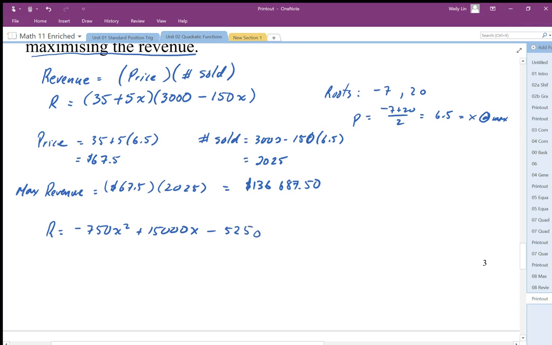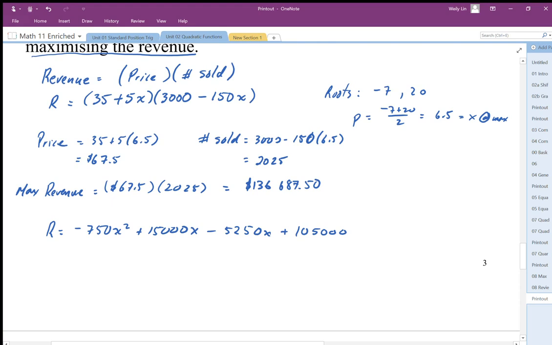So that's 35 times 150, that's going to be x, and then plus 3,000 times 35, which gives me $105,000.